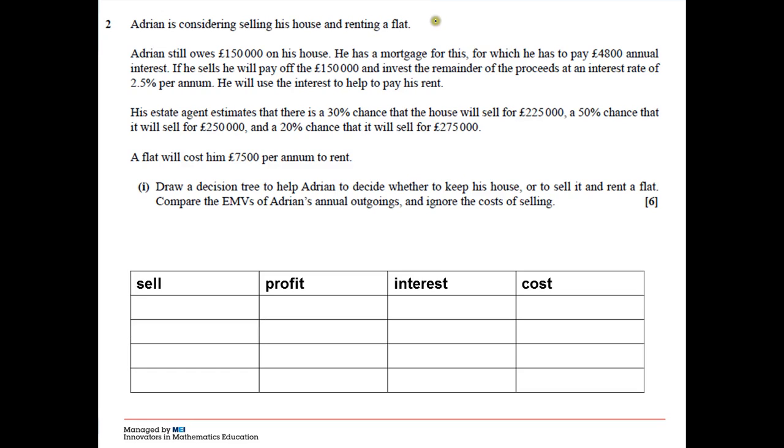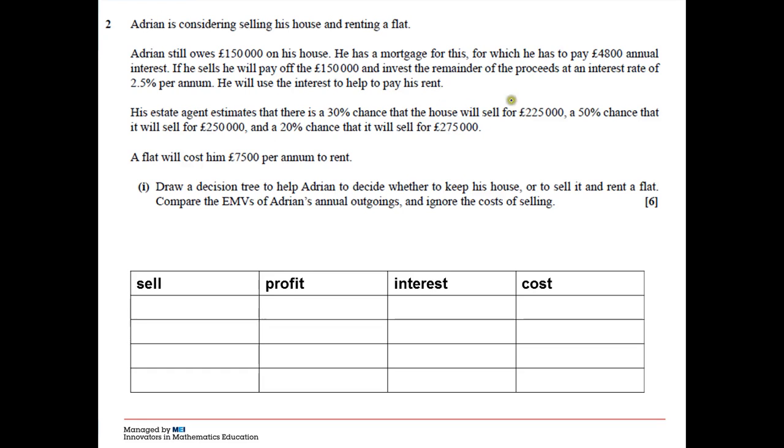Adrian's thinking about selling his house and renting a flat. He still owes £150,000 mortgage on his house, for which he pays £4,800 a year in interest. If he sells the house, he's going to be able to pay off his mortgage and invest the remainder at 2.5% per annum, that's every year, which is the interest that he can then use to help pay his rent.